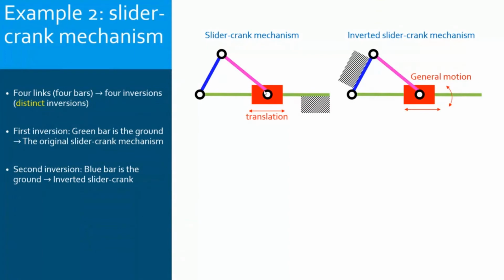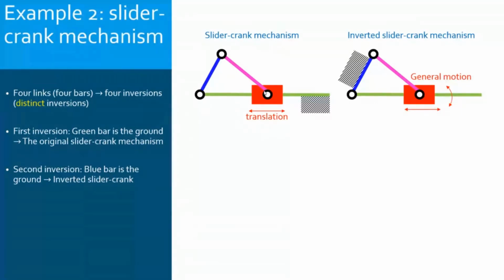So in this inverted slider crank mechanism, in this inversion, the blue bar is fixed. Now, if the blue bar is fixed, the magenta bar has fixed axis rotation, and the green bar also has fixed axis rotation.